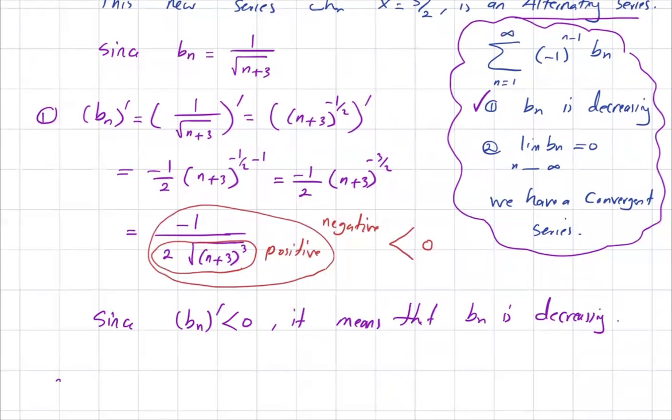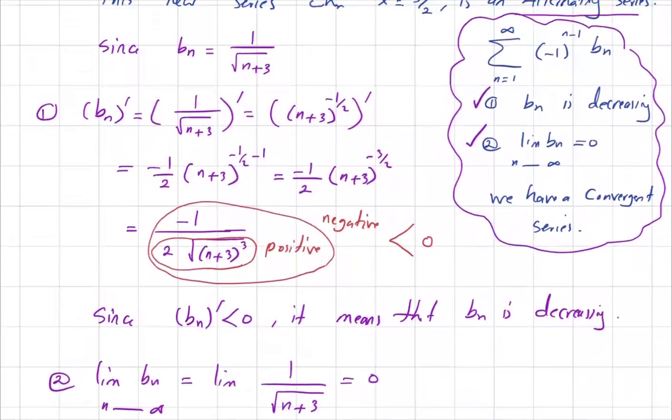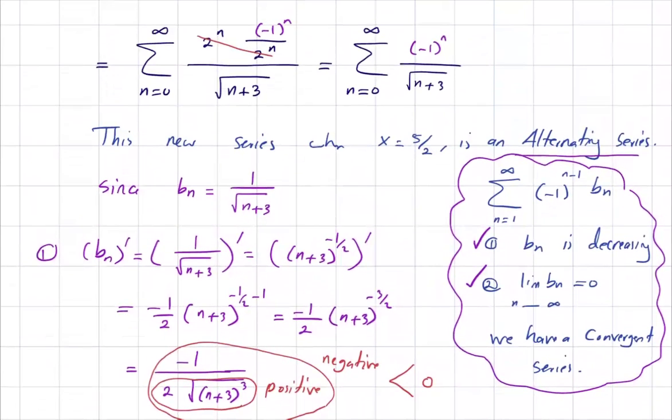You can easily check the limit of bn as n goes to infinity, which is the limit of 1 divided by square root of n plus 3 as n goes to infinity, which is indeed equal to 0. So these two conditions are met. What's the meaning of that? It means that when we plug in 5 over 2, the power series becomes an alternating series, which is convergent.